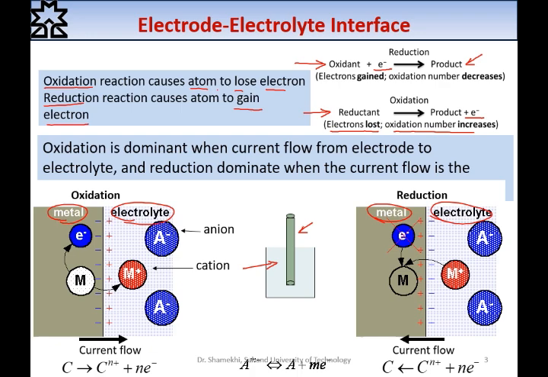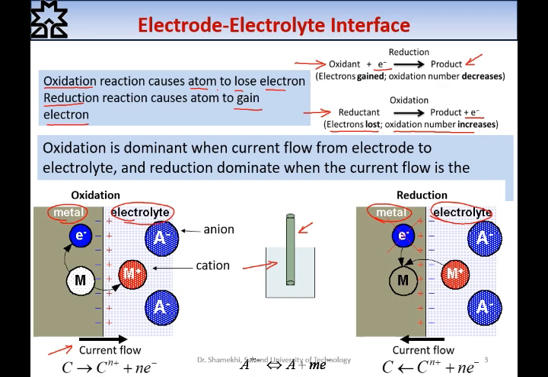First of all, assume that the current flow is from the left to the right, from metal to electrolyte.